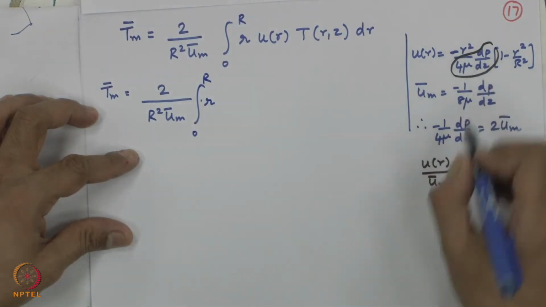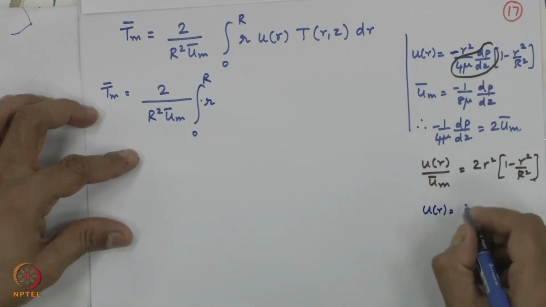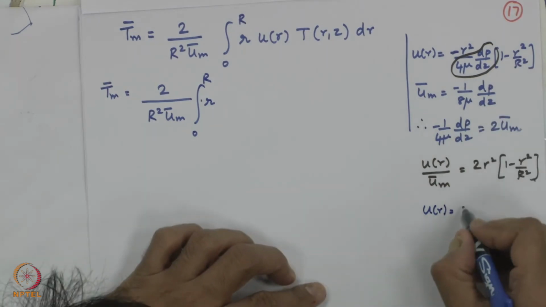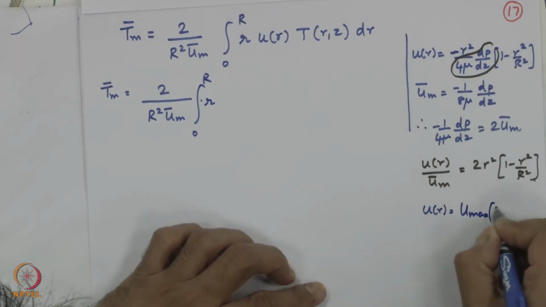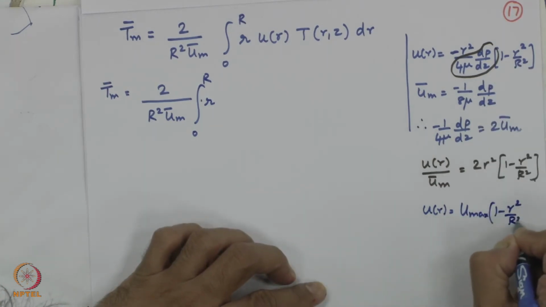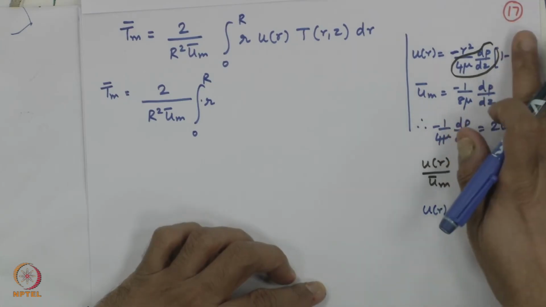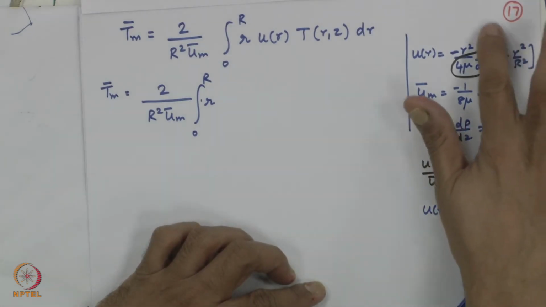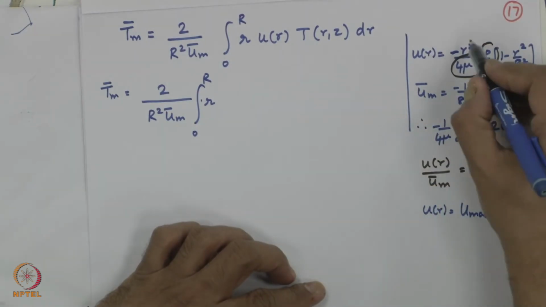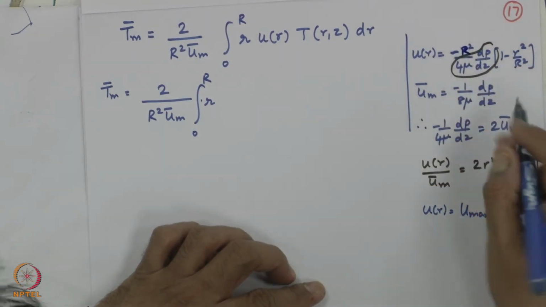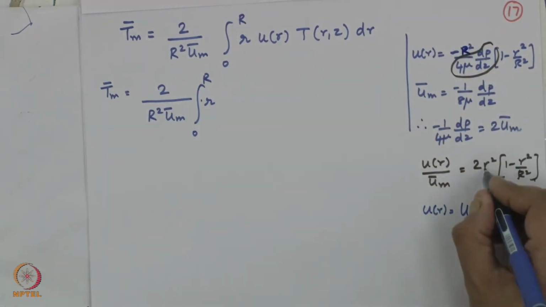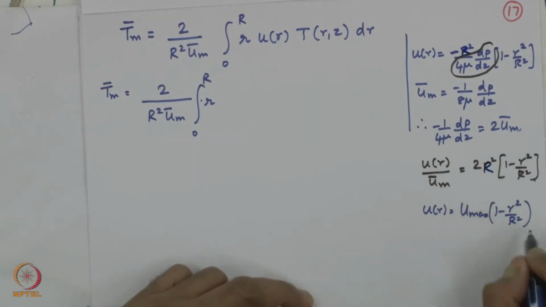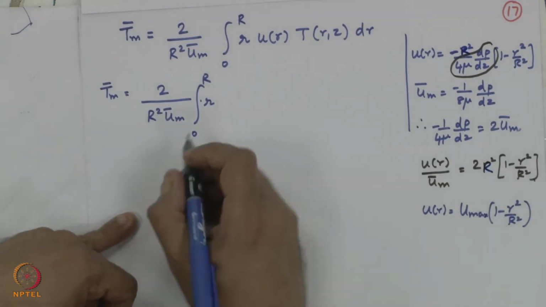This u of r can also be written as u max times 1 minus r squared by R squared. What is u max? When r is equal to 0, you get u equal to u max, which is nothing but this quantity. So, u of r with capital R squared, this one. So, this is u max into 1 minus r squared by R squared.